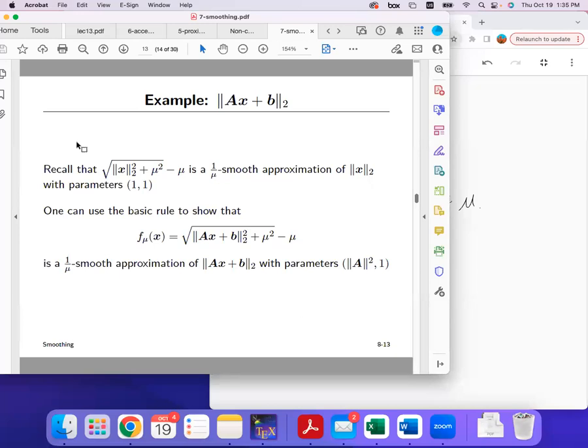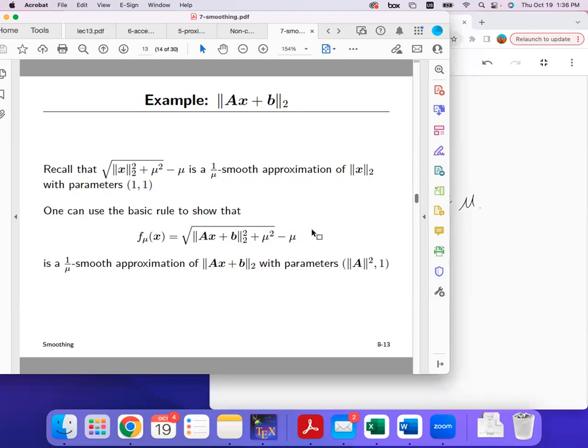For example, we have shown that this function is a 1/mu smooth approximation of the L2 norm function with parameters 1 and 1. So alpha and beta are 1. Instead, we can also look at such a smooth approximation, where x becomes Ax plus b.